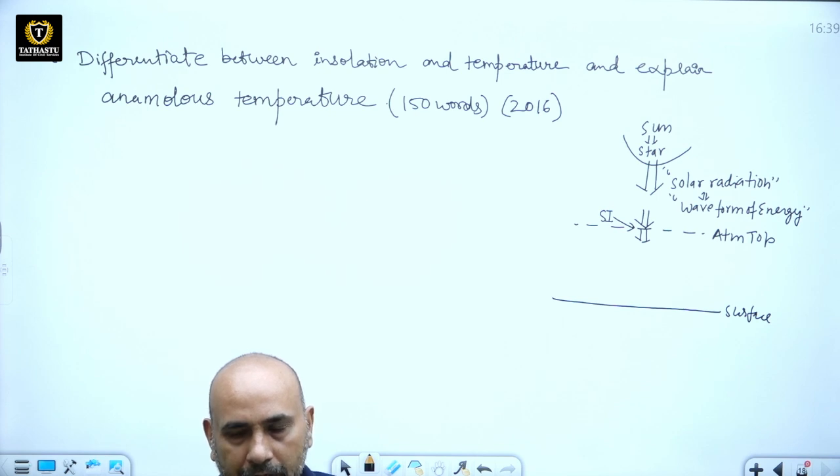Surface heating is the source of atmospheric heating.